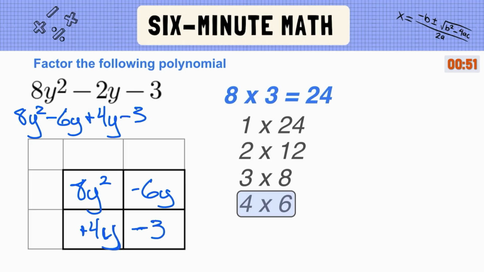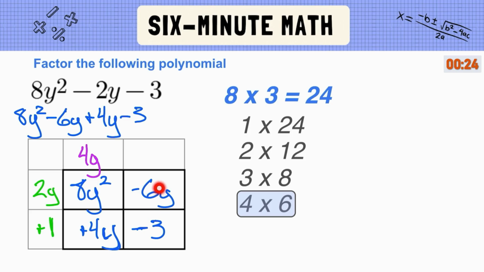I factor my rows and columns. 8y squared minus 6y factors to 2y. 4y minus 3 factors to 1. Column-wise, 8y squared plus 4y factors to 4y.